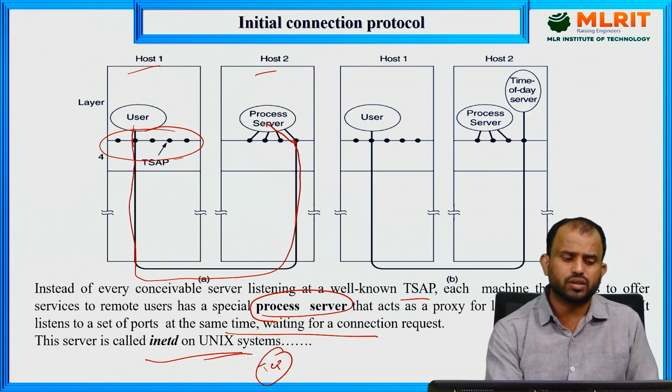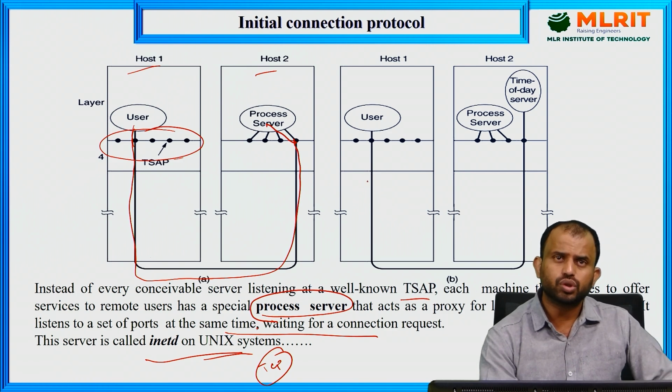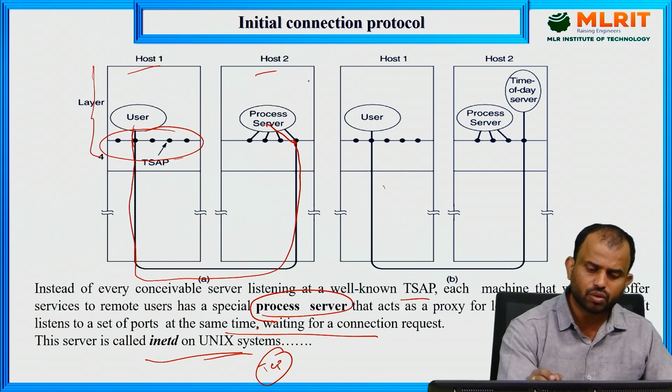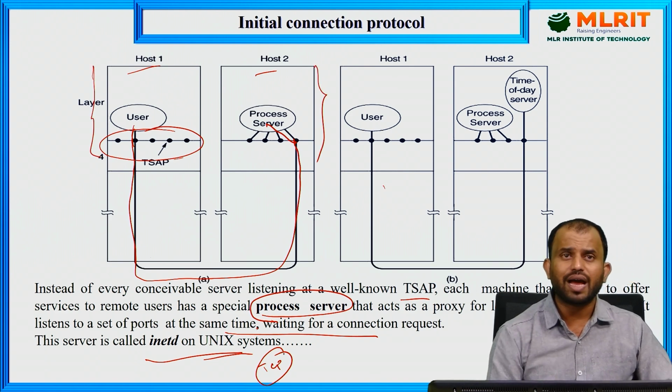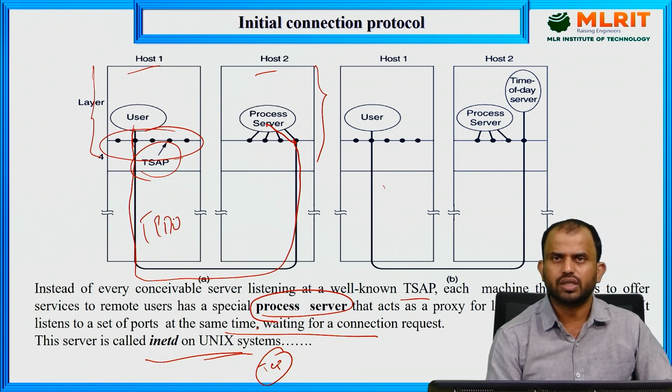But what layers are present, and how are we able to access the point with the help of the transport protocol data unit mechanism? That we call the initial protocol.